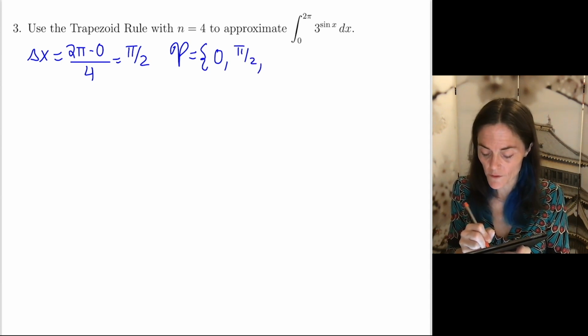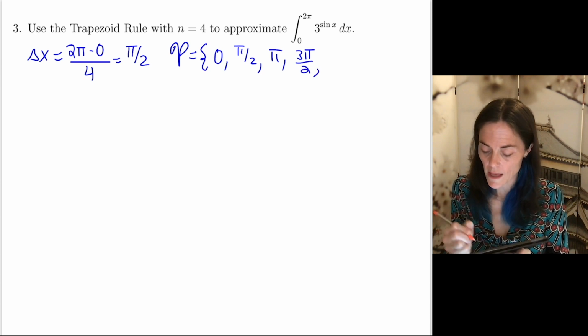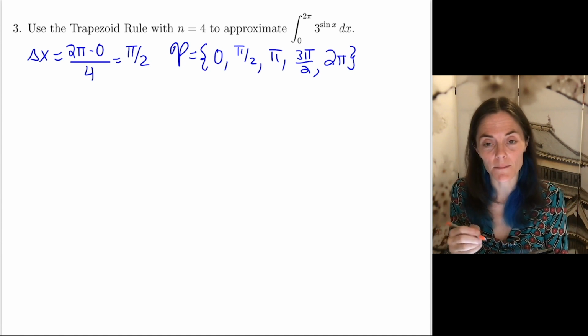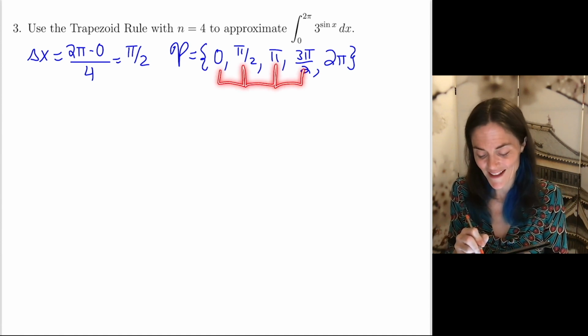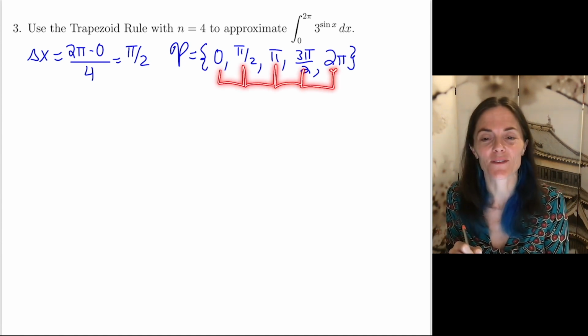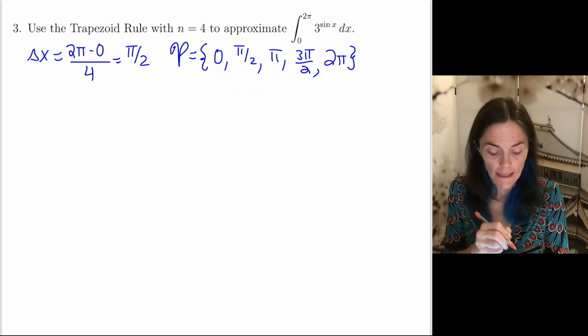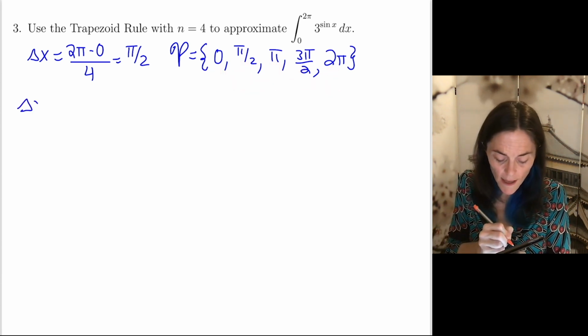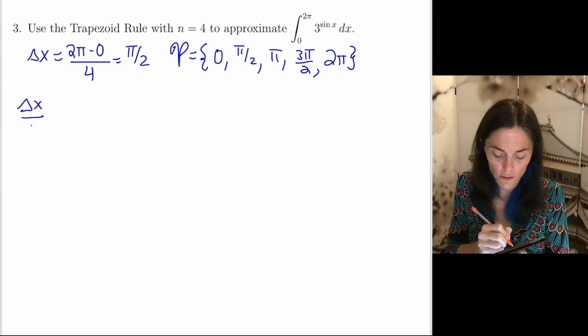We have pi over 2, pi, 3 pi over 2, and 2 pi. And just like I was talking about in the last problem, just check. We have 1, 2, 3, 4 subintervals. Very nice. Now, trapezoid rule has a delta x over 2.